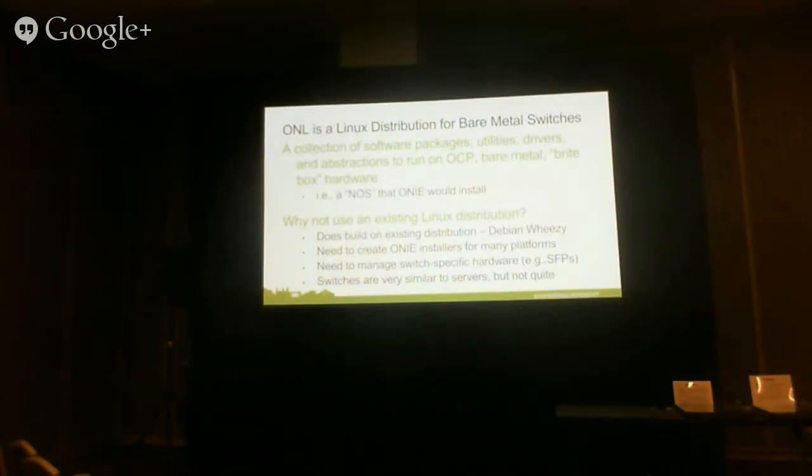Well, Debian does almost all the hard work for us to build on top of that. That said, you do need to wrap up your packaging to work with ONIE in a certain way. There's a hardware abstraction that happens on our side. There's a bunch of specific hardware pieces that don't have analogs in the PC world.